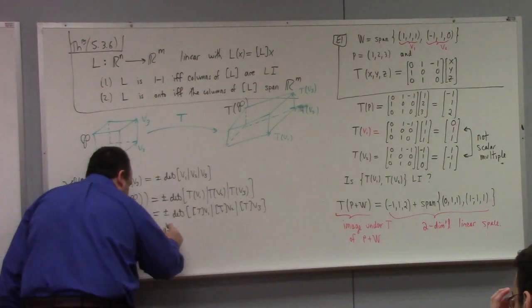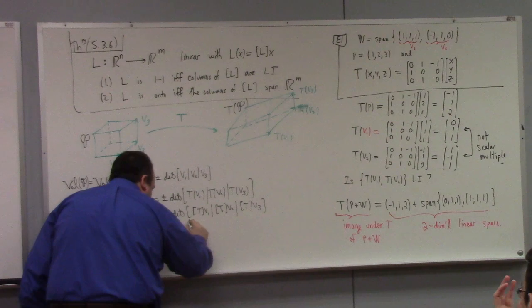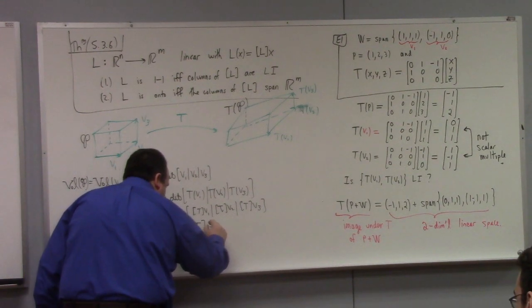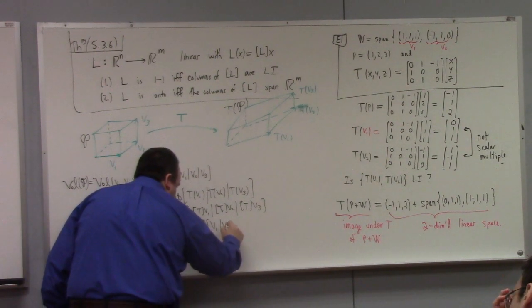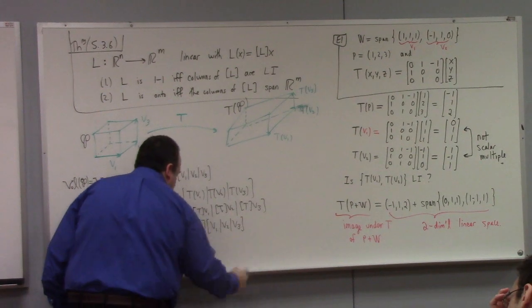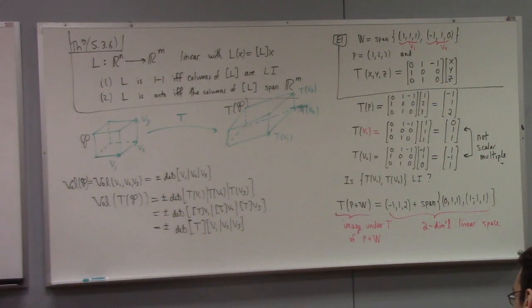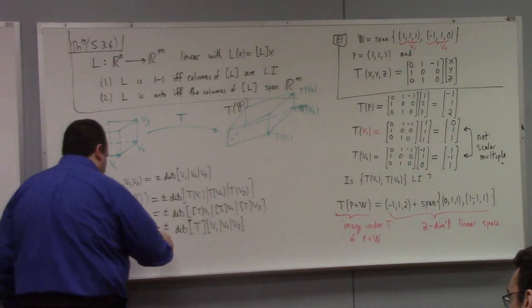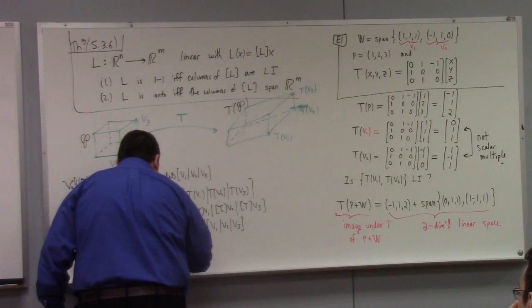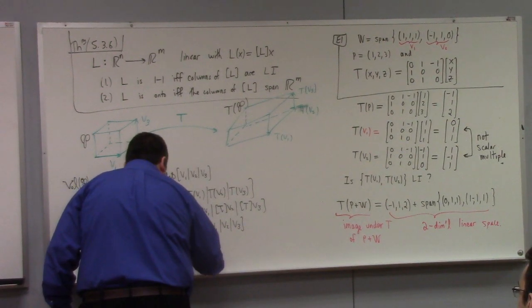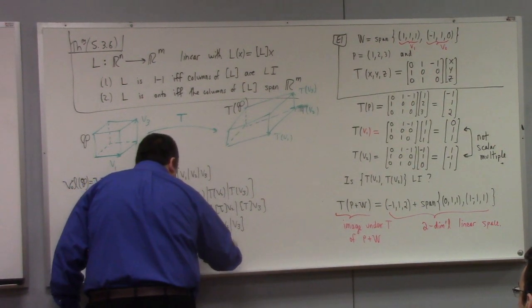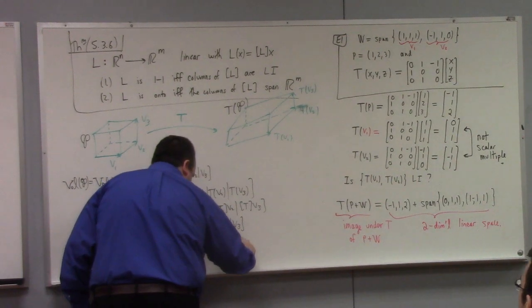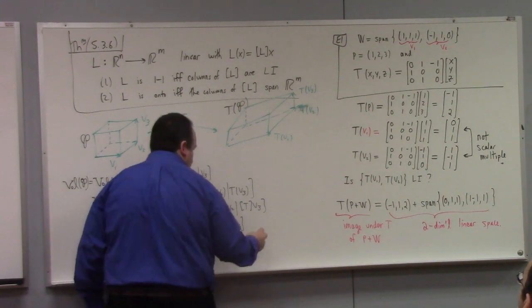But what do we know about matrix multiplication? We can factor out the matrix, right? Like that. And then the determinant of the product is the product of the determinants. Therefore, what you got here is plus or minus the determinant of the standard matrix of T times the determinant of v1, v2, v3. Aha.